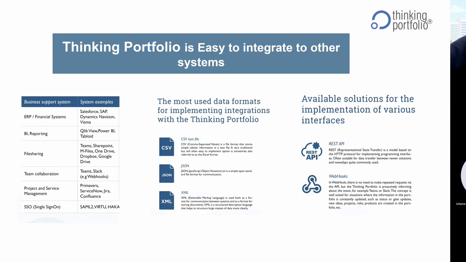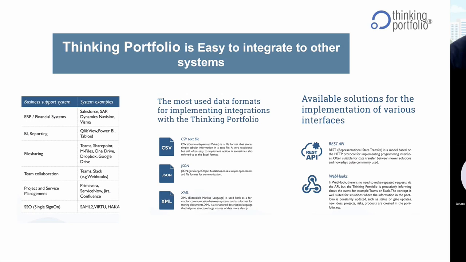It can be a financial system, a document and file sharing system, or other team collaboration tools like Teams, Slack, things like that. There can be reporting tools like Power BI, QlikView. There can be financial systems like SAP, Dynamics, Salesforce kind of solutions, or other project or service management tools such as ServiceNow.